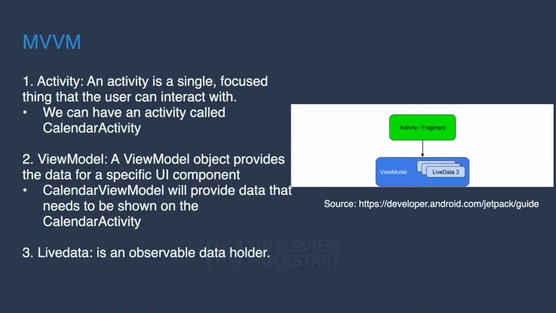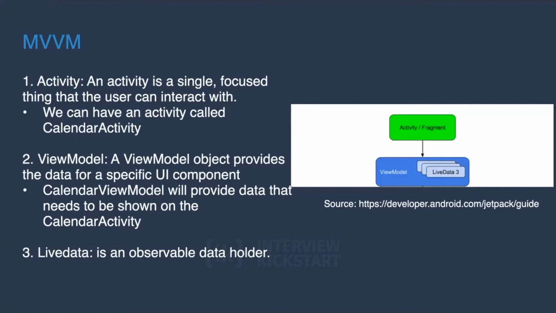The view model doesn't know about UI components, so it isn't affected by configuration changes, such as recreating an activity when rotating the device. So the view model doesn't have to care about what's happening in the activity. It isn't aware of any of those things. All it cares about is, I'm getting some request, I'm just going to send that response.